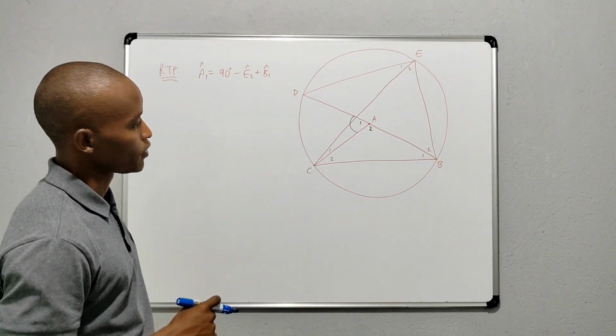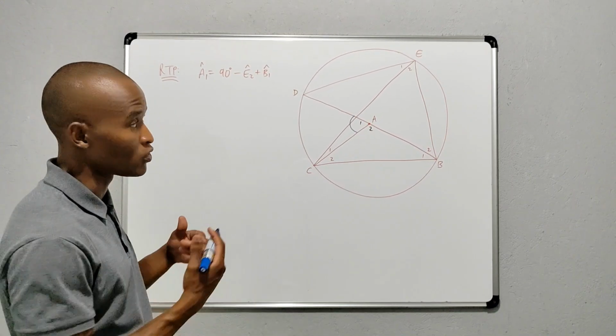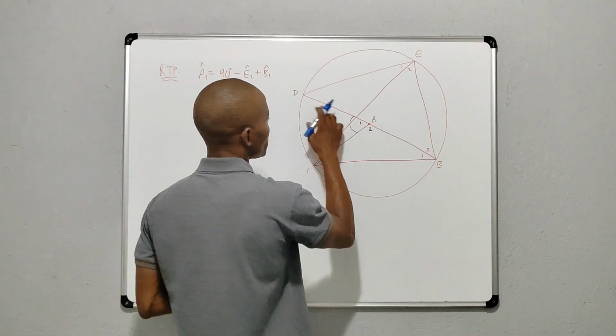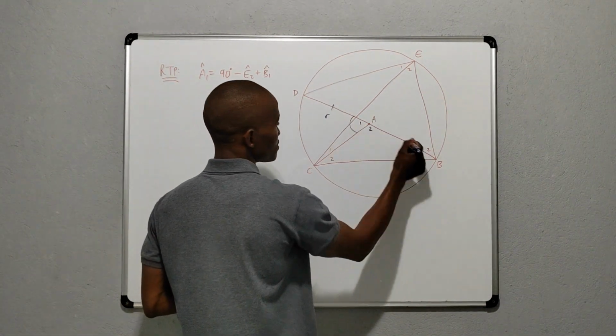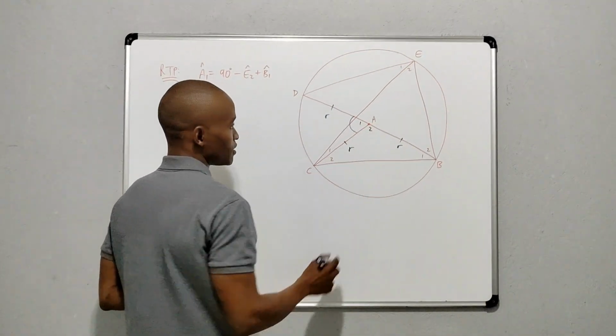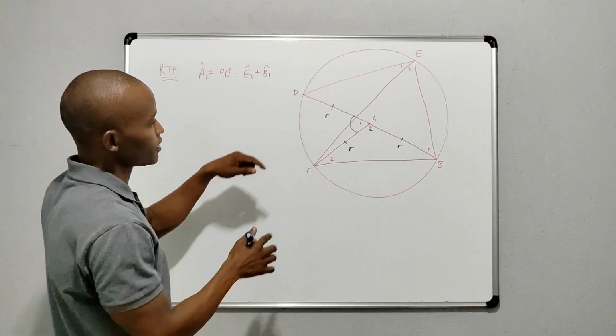So what information can we see on the diagram? A is the center, so AD is the radius, AB is a radius, AC is also a radius. So the angle at center theorem can apply here.